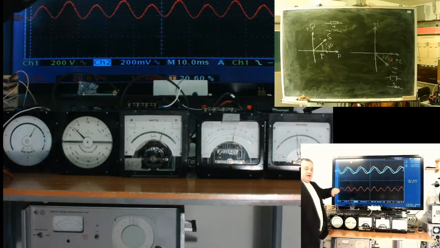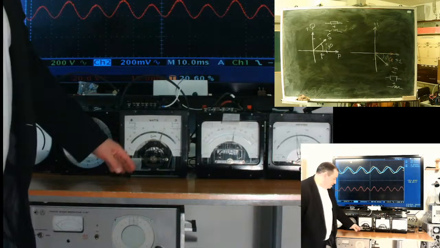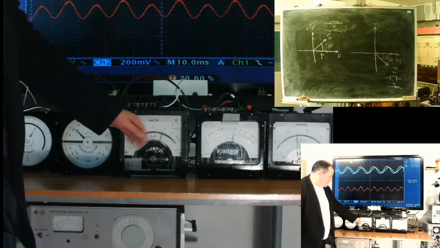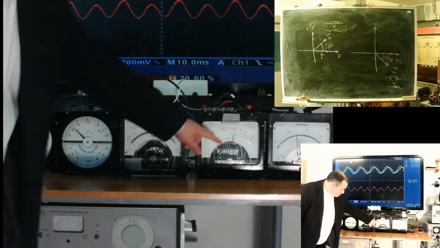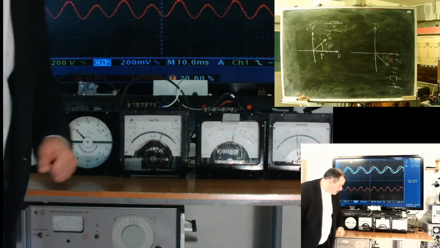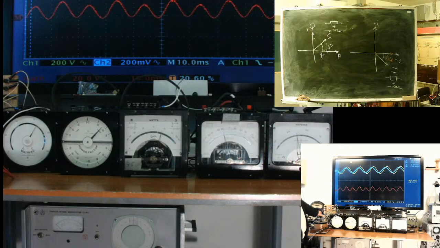This means we have a reactive power, and we're consuming 10 units, which is 50 watts of active power, and 10 units of reactive, with the red scale used, 50 volt-amperes reactive. We're consuming them from the network. Mirror regime.